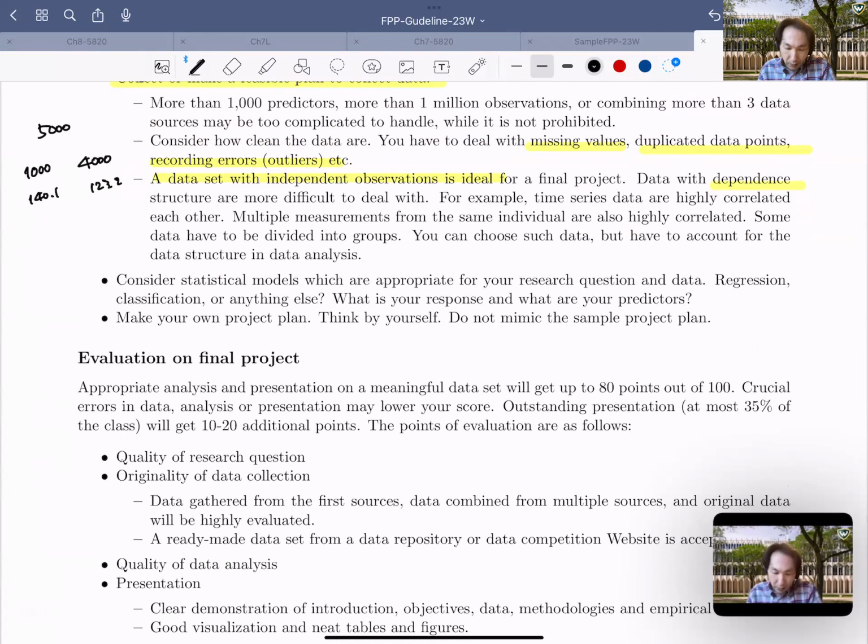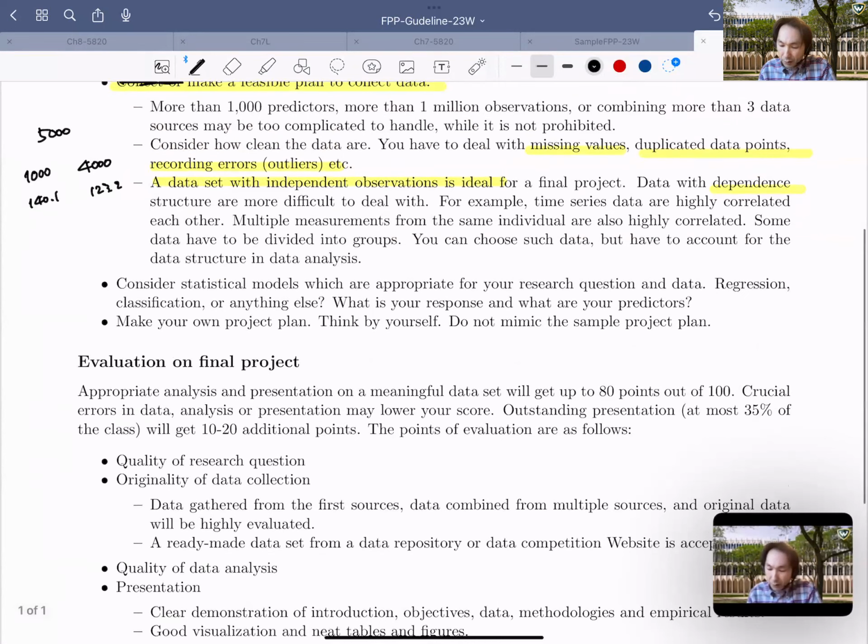Yeah, and also you have to consider the statistical models which are appropriate for your research questions. Typically, this course deals with regression or classification, maybe some unsupervised learning.